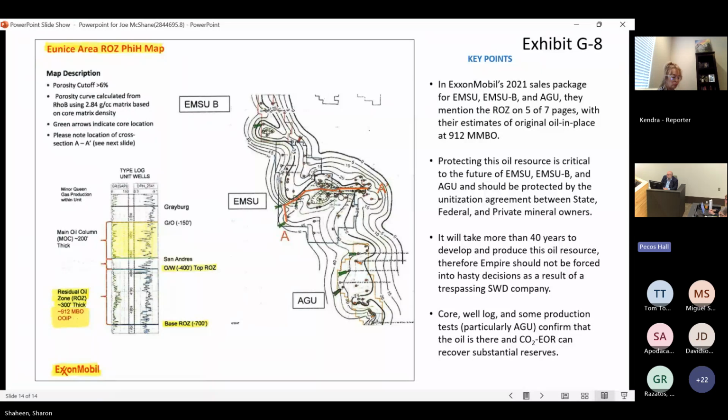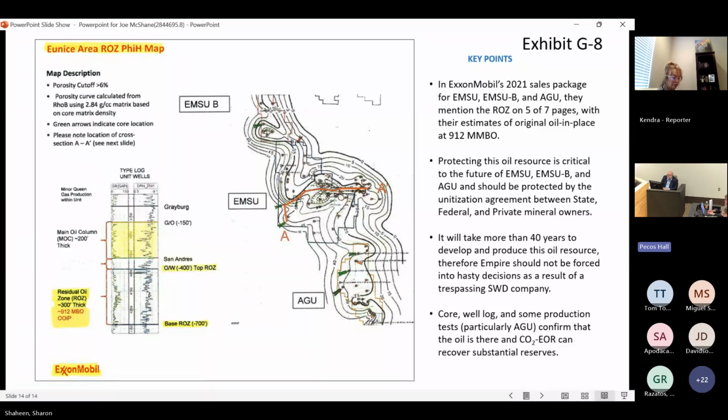So again, this is from their 2021 sales package. And in the sales package, while this is just one slide, they mention ROZ in 5 of 7 pages. And this is why we just again want to point out that protecting this resource is critical to the MSU, but also the MSU-B and the AGU.